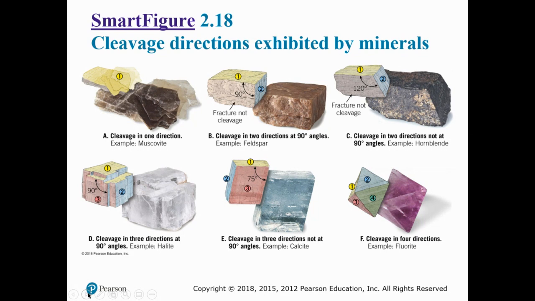And when we talk about cleavage, if you look at where they've got the surfaces labeled 1 and 2, what we're looking at here is that the stripes or the lines, the patterns in the mineral are consistent on both sides here, and they form this almost perfect 90-degree angle. And so this is considered cleavage.